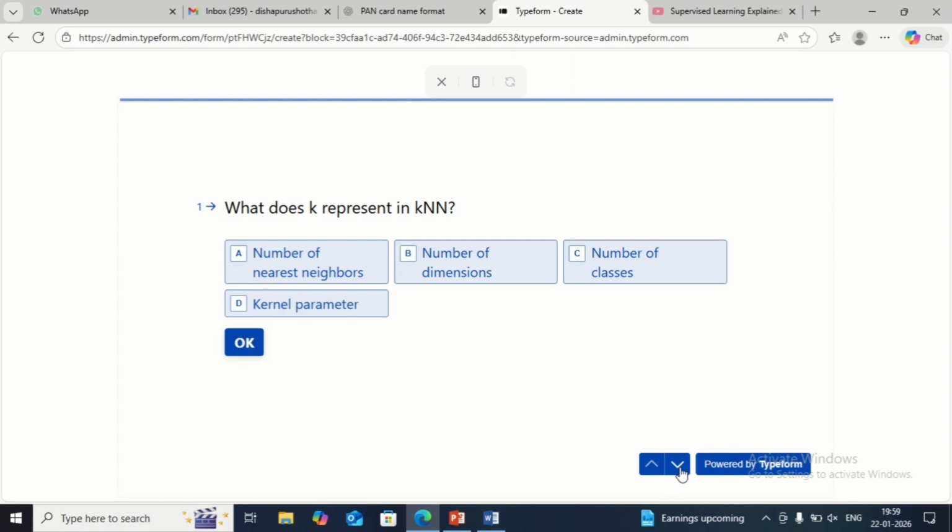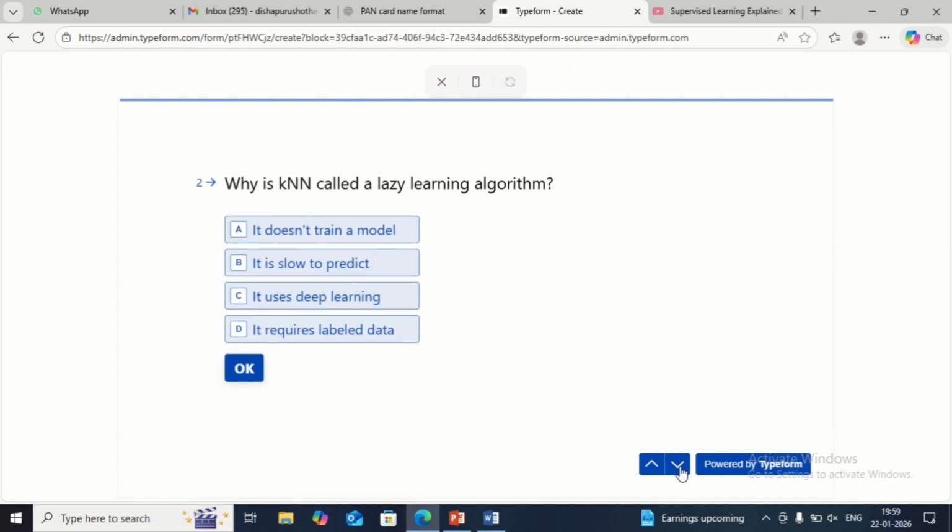So choose the option of your choice. Question 2. Why is kNN called a lazy learning algorithm? A. It doesn't train a model. B. It is slow to predict. C. It uses deep learning. D. It requires labeled data.